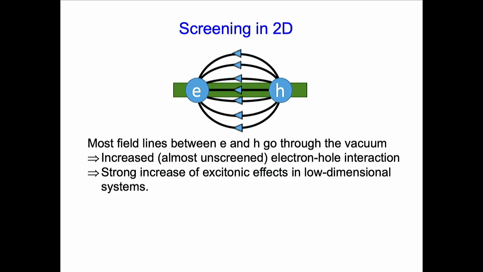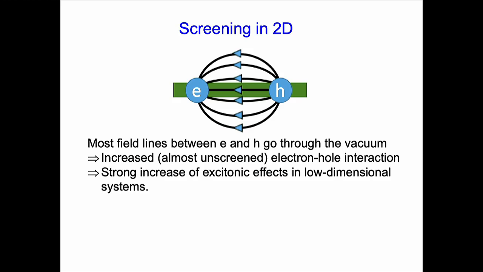Furthermore, we have to talk about screening. And now you see in this simple figure that between the electron and the hole, you can draw field lines. And the direct field line goes through the material. So that one, you might say, is strongly screened. But then many field lines, and I didn't even show all of them, are going out of the material. So they go through the vacuum.